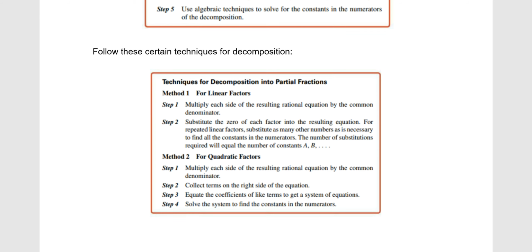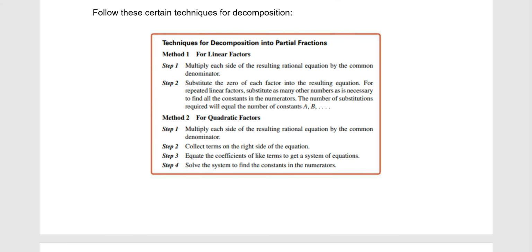And here are a couple of useful techniques for actually doing this. Once again, this will make sense once we do an example. For the decomposition into partial fractions, method 1 is for linear factors.